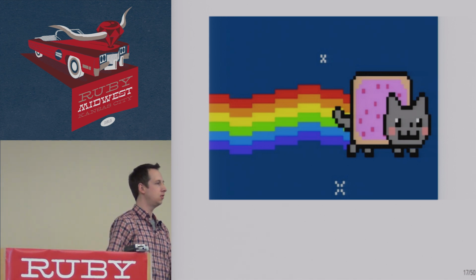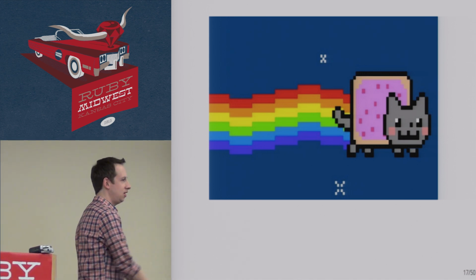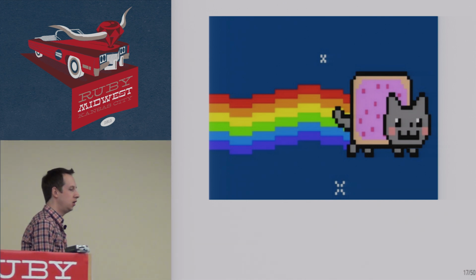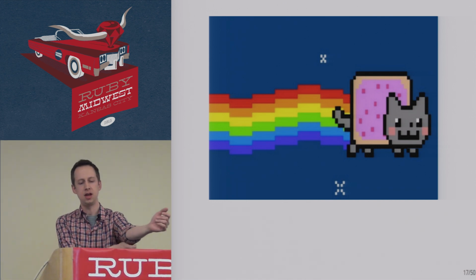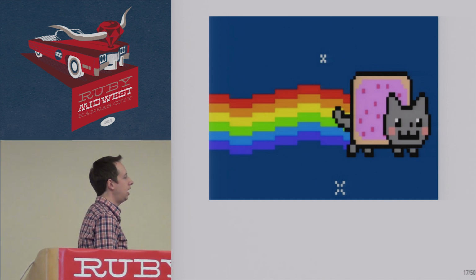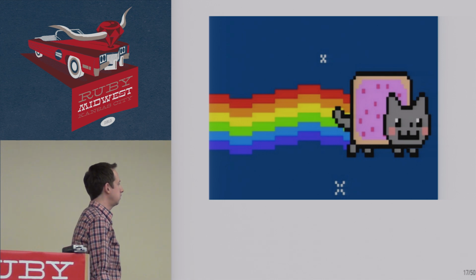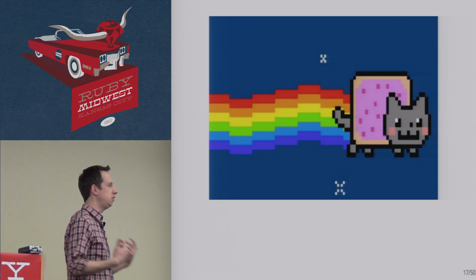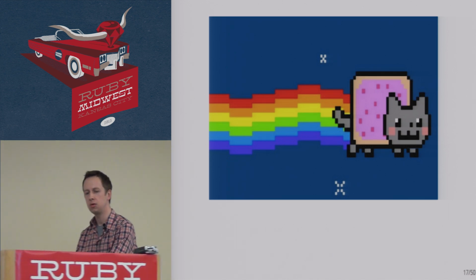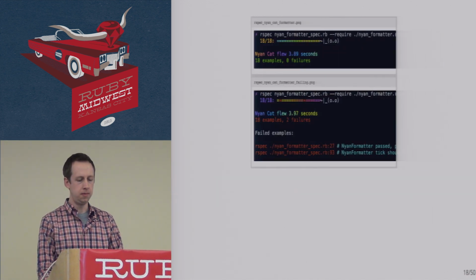I hope you did, because I don't know how I would explain what Nyan Cat is unless I had a picture of it here. So for whatever reason, I thought this would be a good idea. Let me try to do a Nyan Cat test reporter, with rainbows somehow giving me feedback on how my tests are running. So that's what I want to do.